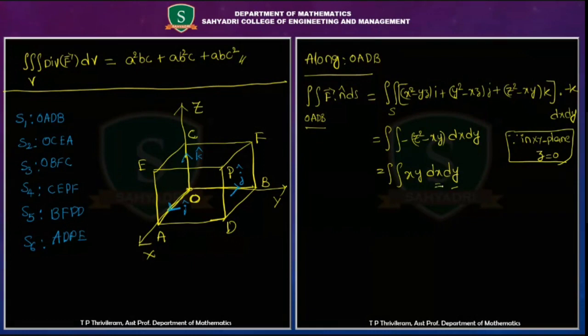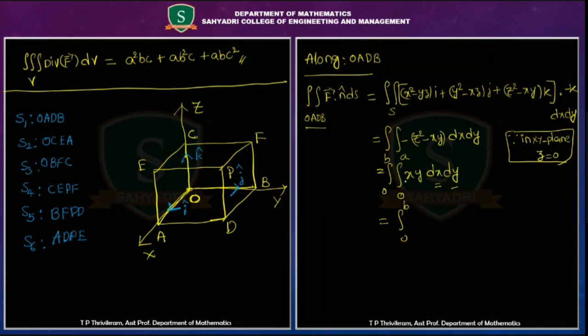Now you need to write the limits for dx and dy. What are the limits for dx and dy? In the question itself they have given 0 to a and 0 to b. So x limits are from 0 to a and y limits are from 0 to b. Now you can perform the integration. Integral 0 to a. If you integrate with respect to x, the outer integral is y, so I have to write b outside.